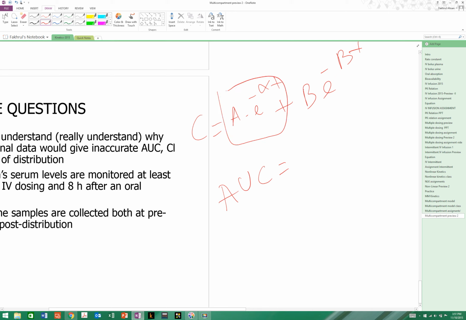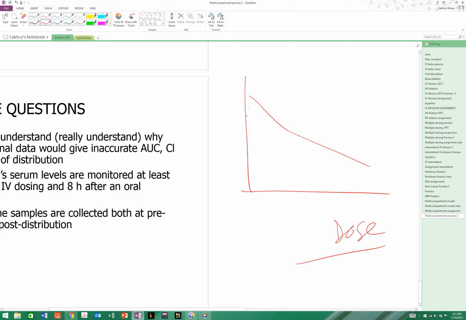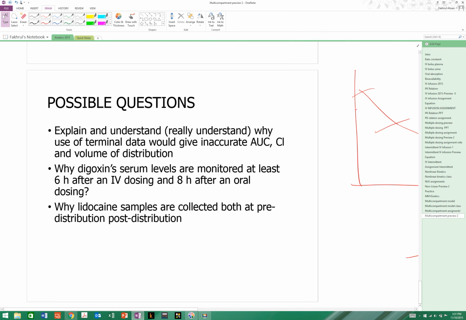You have to take the AUC of this, and also the AUC of this. You cannot just take this one. This will give you erroneous data. If you use this phase only, you have to do some calculation. The same is true for volume of distribution. You have to take the dose and the concentration here, A plus B. If you do not do that, you will have an incorrect volume of distribution.